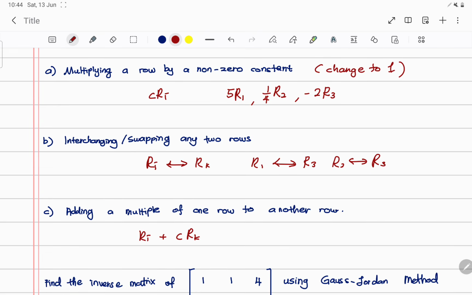Here is an example. Let's say row 1 is the row that you want to change, and you add a constant multiplied with another row, let's say row 3. Or you want to change row 2, and you add 2 multiplied with R1, like that. It depends on the situation, and you're going to see how later.